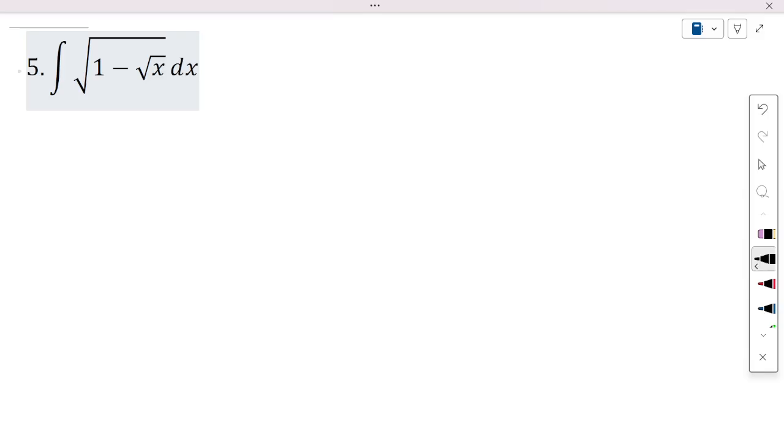Now what we are going to do is take the inside of the main square root and let that equal u, so that we can make it a little bit easier for ourselves. So we're going to say that u is equal to 1 minus root x, like that. Okay, nothing too crazy about that. Once again, what makes it very complex is definitely the inside of that square root.